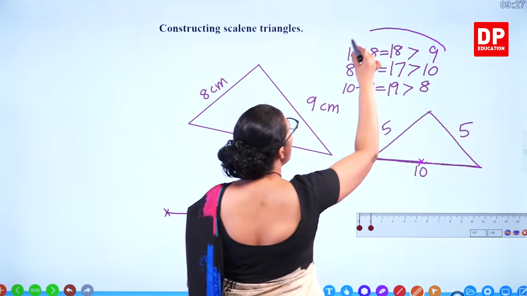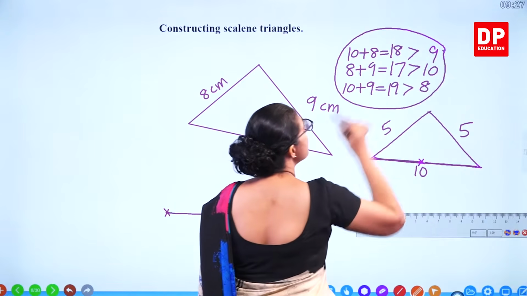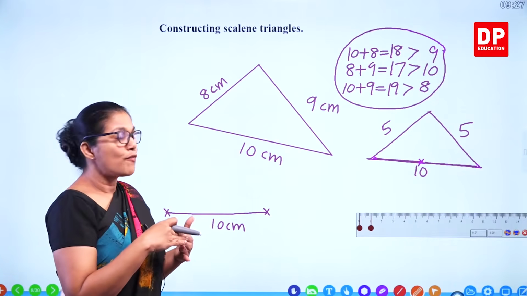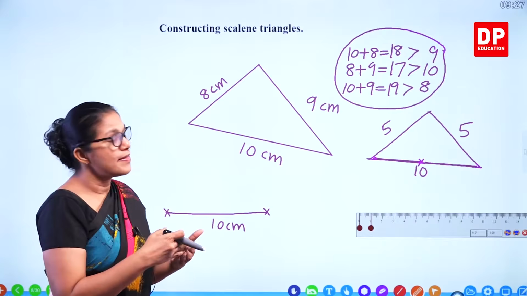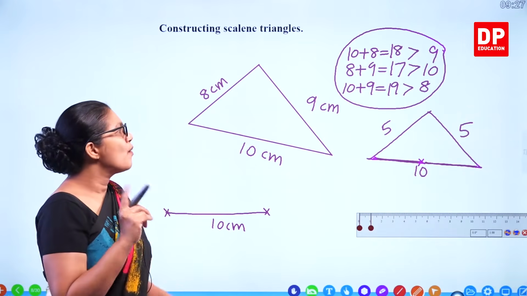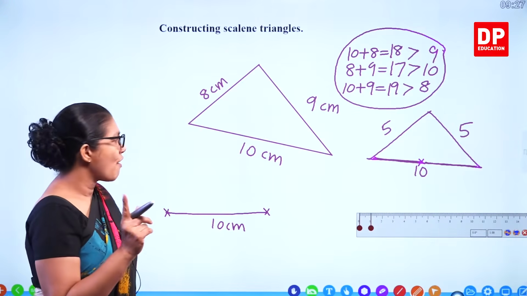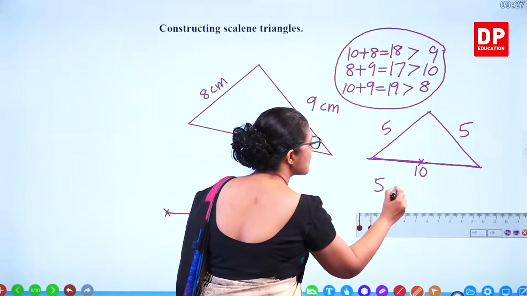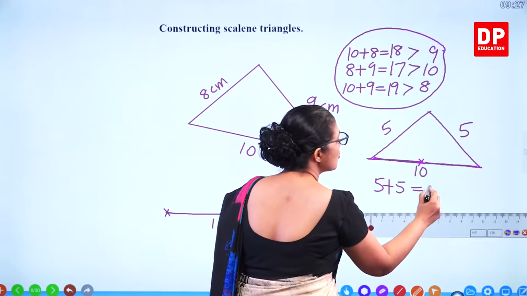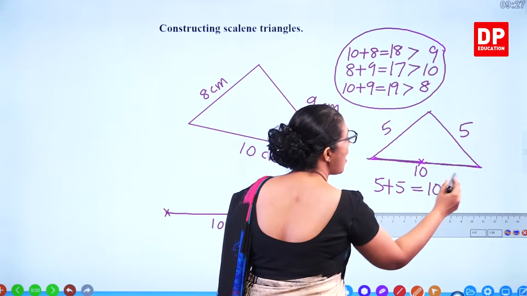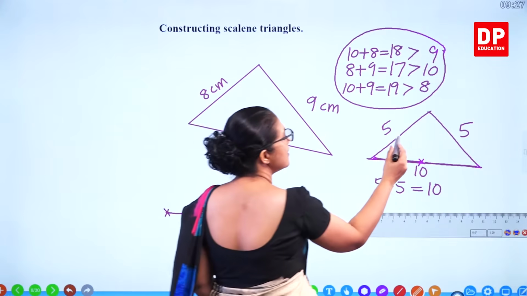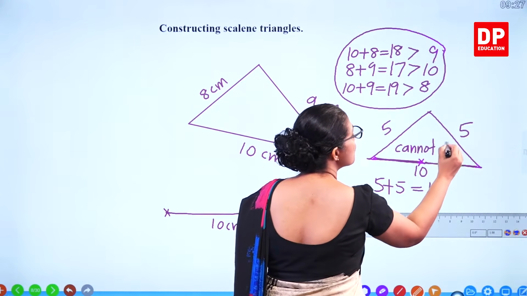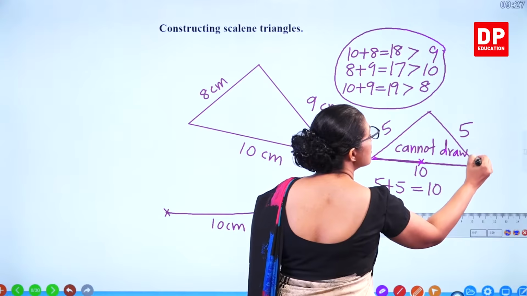So all these pairs satisfy this condition. So the sum of two sides is bigger than the other length. Then only we can draw the triangle. But in this case, you can't. 5 plus 5 is equal to 10. So you can't draw a triangle here.